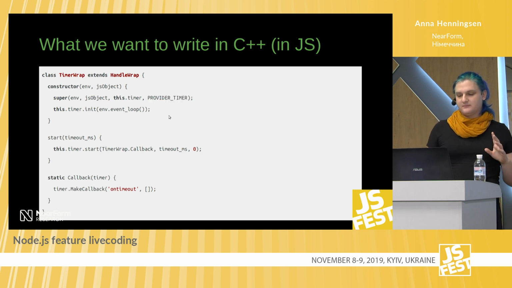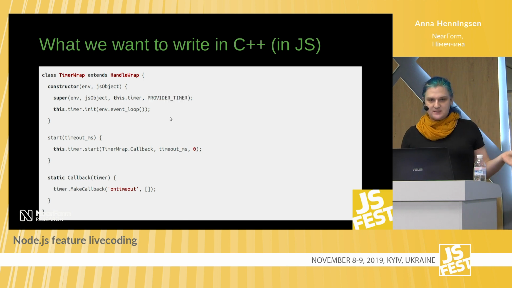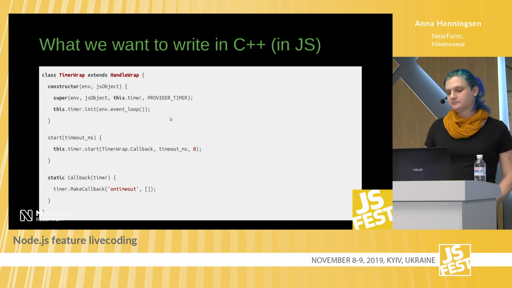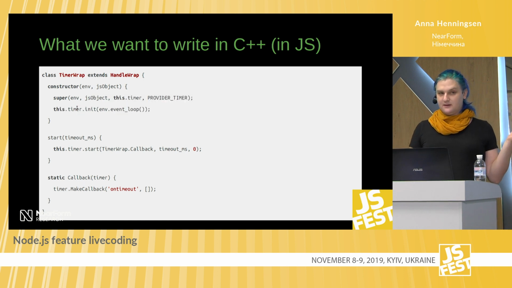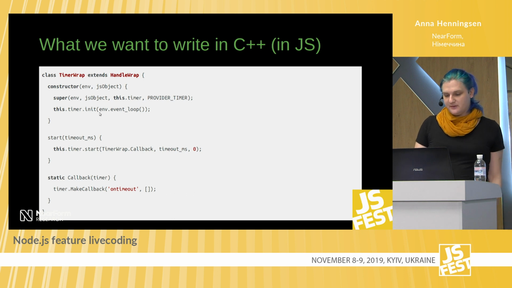And we say, okay, for async tracking, this thing is called a timer. We initialize this, which is a libuv operation, so we say, hey, this timer is supposed to run on this event loop. Please do that.